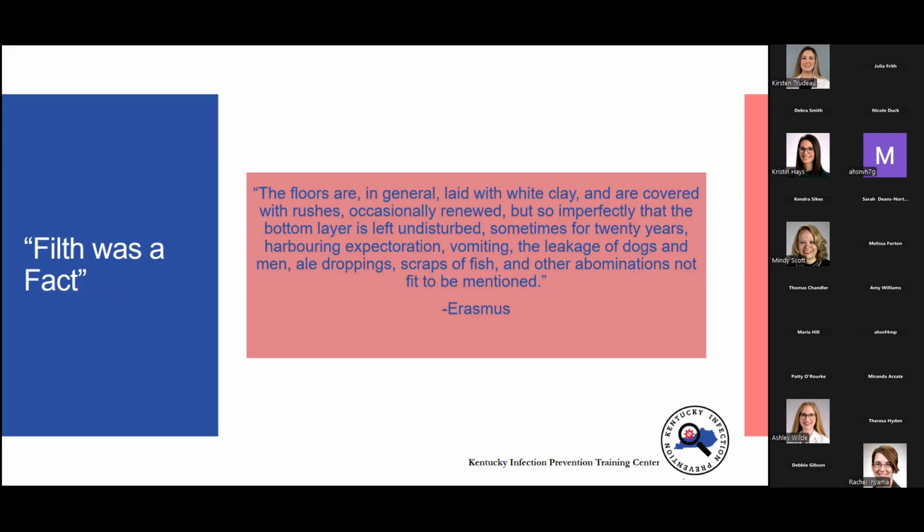"The floors in general are laid with white clay and covered with rushes, occasionally renewed, but so imperfectly that the bottom layer is left undisturbed, sometimes for 20 years, harboring expectoration, vomiting, the leakage of dogs and men, ale droppings, scraps of fish, and other abominations not fit to be mentioned." So you can see here that it's not that people were making a necessary choice to live this way, it's just how things were. And I don't think that they really knew much different.